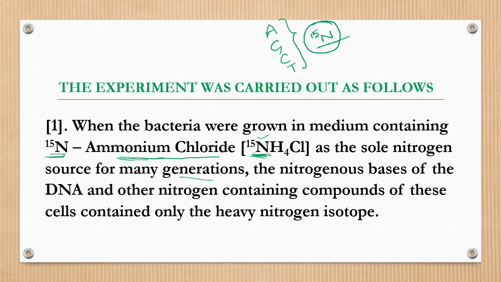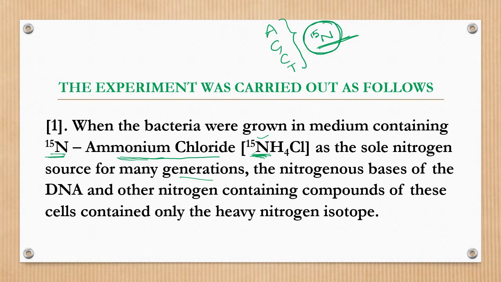To synthesize new DNA, nucleotides are required, which means nitrogen bases are also required. When several generations occur in the same medium, they get the nitrogen source from this medium only.